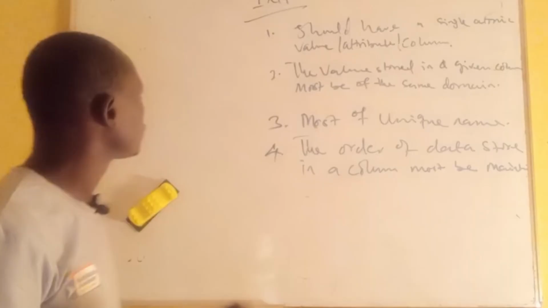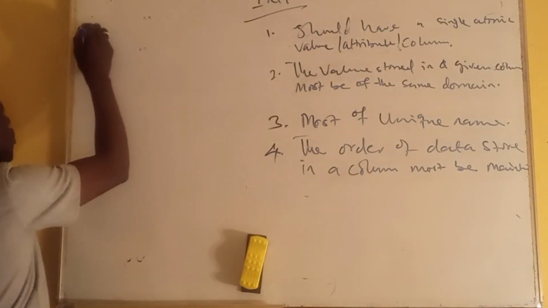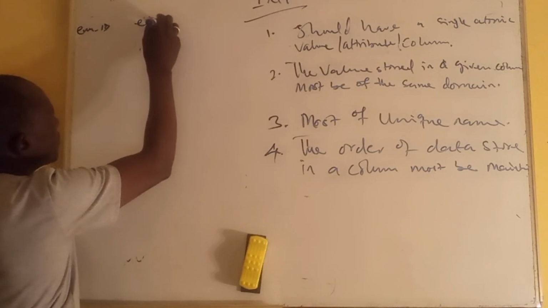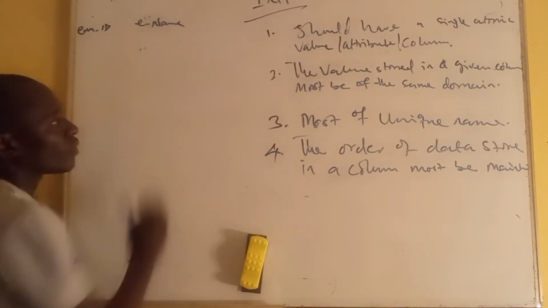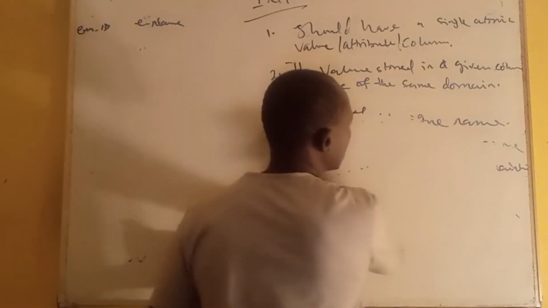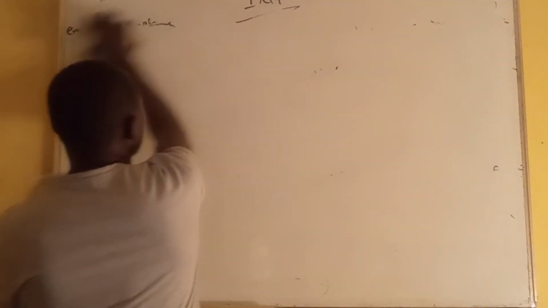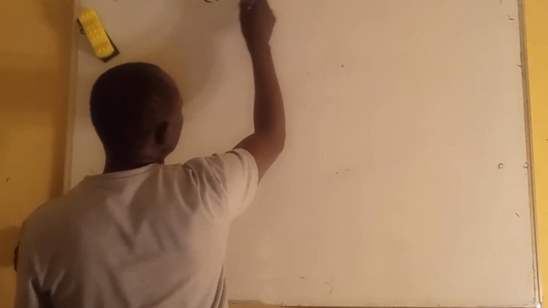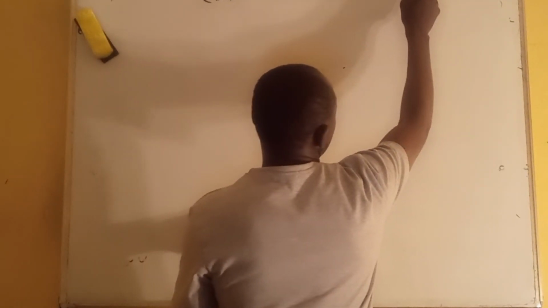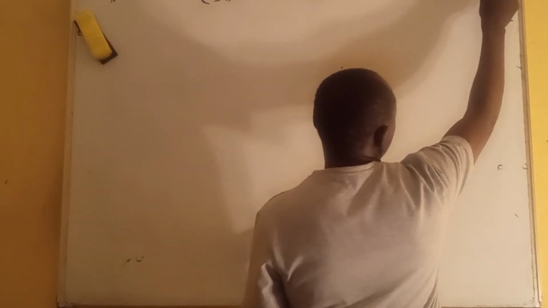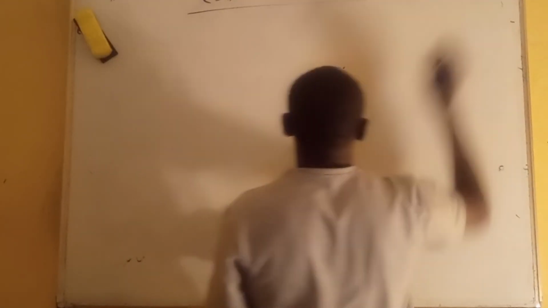We are going to have employee ID, employee name, employee mobile number, then employee skills. So this is a given table.